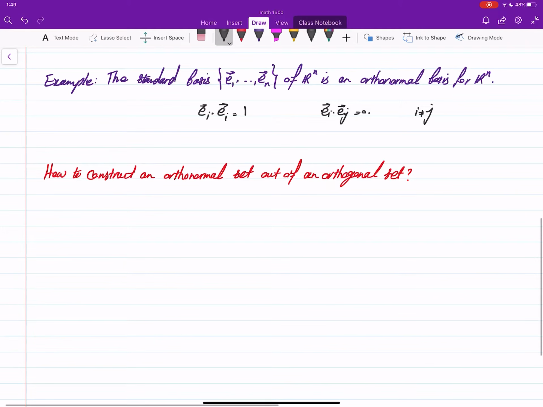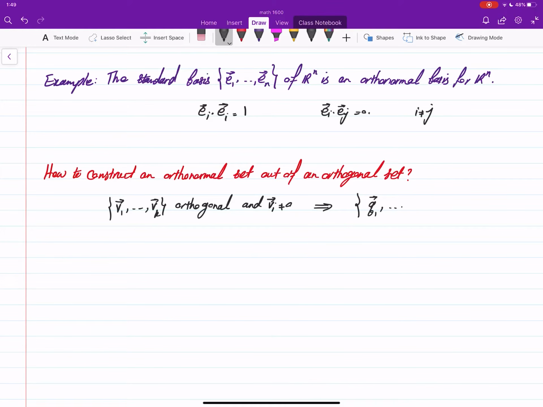You see, if I have vectors v1 up to vk, which are orthogonal, and we have to make sure that the vi's are not 0, then I can make a new set q1 up to qk, which is orthonormal.